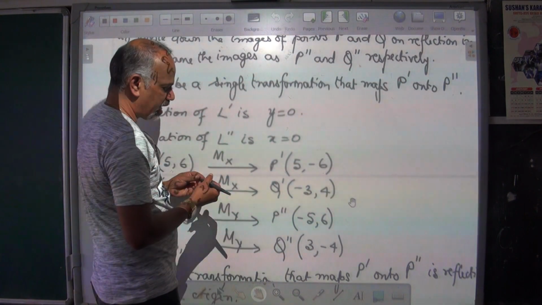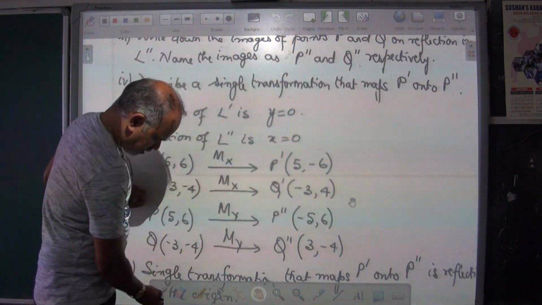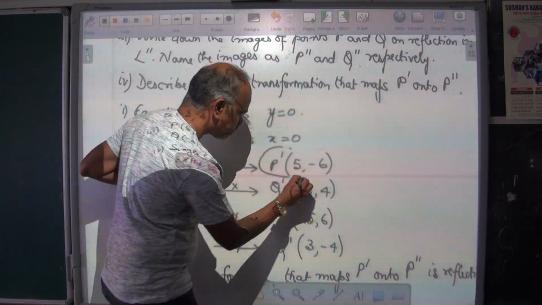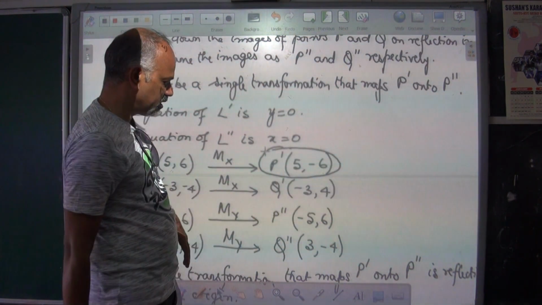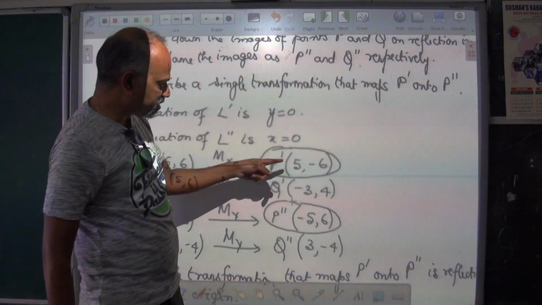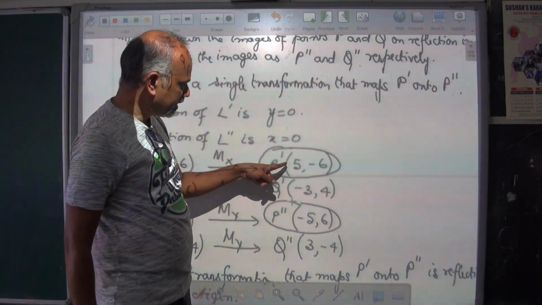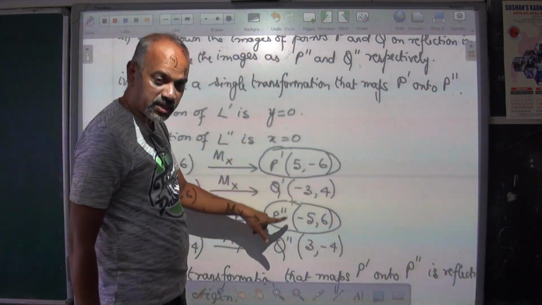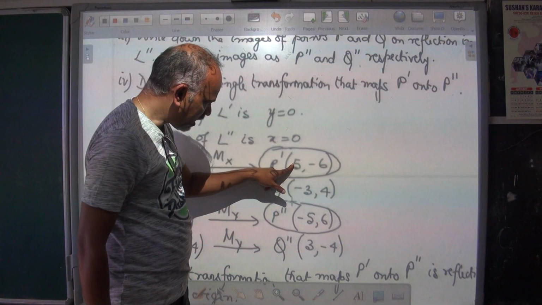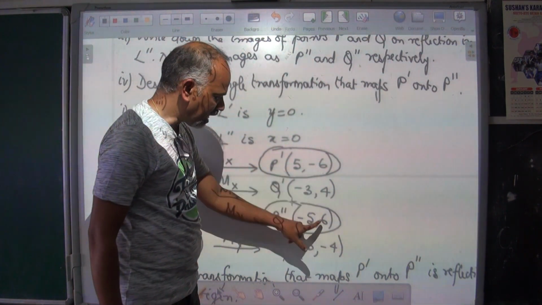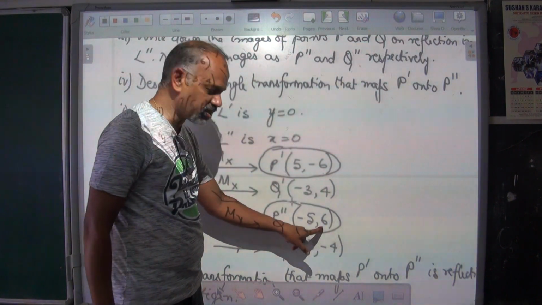Look at P dash and P double dash. P dash is this one, P double dash is here. You have to say what single reflection will change P dash onto P double dash. So see the change. What has happened? 5 has become -5, the sign of x has changed. -6 has become 6, this sign also has changed.